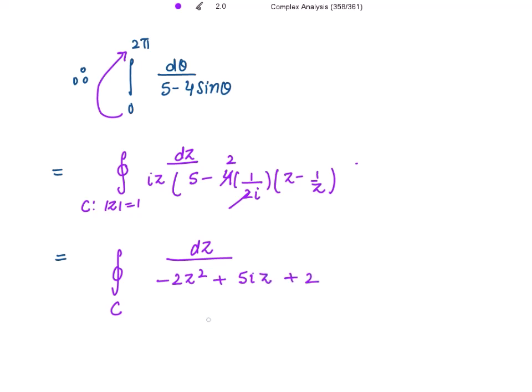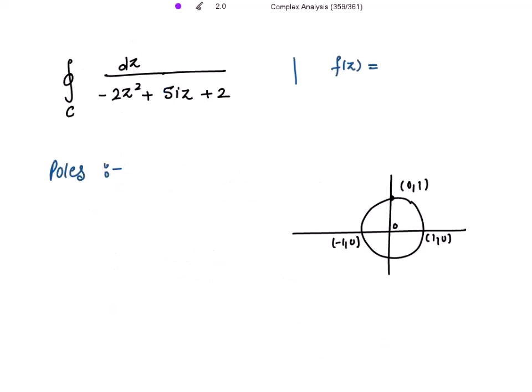And now to find the poles for this integral, how to get the poles? Putting this denominator equal to 0 and get the point z to be equal to whatever you get, that will be your poles. So for this integral we take f(z) to be 1 divided by minus 2z square plus 5 iota z plus 2, and finding the poles now by taking this denominator equal to 0.